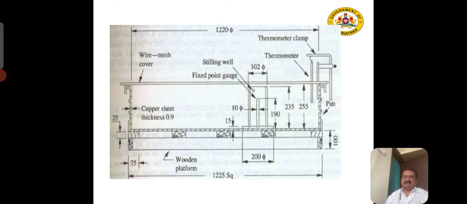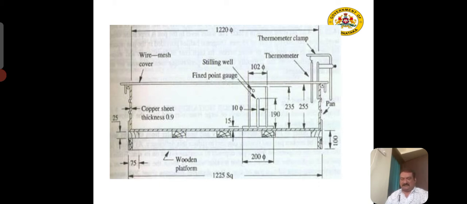Any galvanized iron cylindrical vessel of 1.2 meter to 1.8 meter diameter, 300 mm depth, with openings at the top can be used as an evaporimeter or evaporation pan. During intervals of time, evaporation is measured as the drop in water level in the pan. Rainfall data, atmospheric pressure data, and temperature should also be recorded.